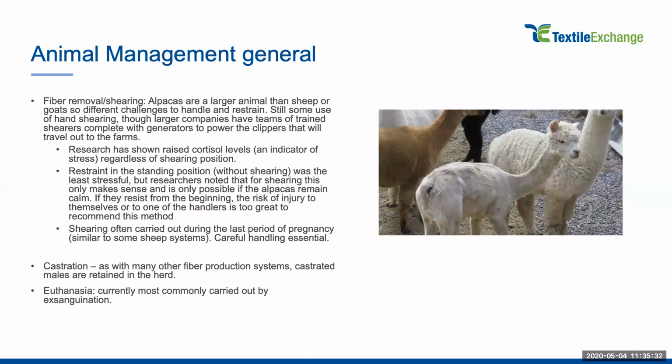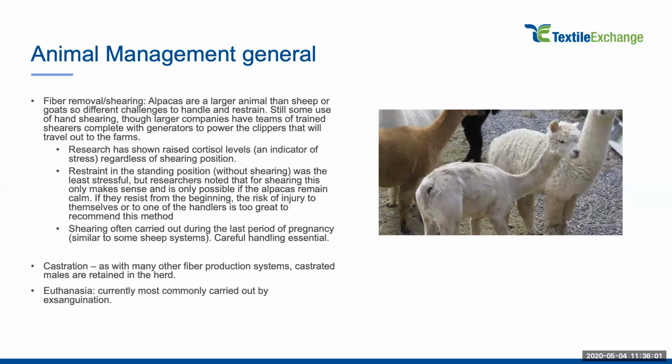There is still some use of hand shearing, but the farmers are being encouraged to move towards shearing with electric clippers, and some of the larger companies that are working with the breeders and buying fibre have themselves trained up teams of shearers, complete with all the equipment and generators.